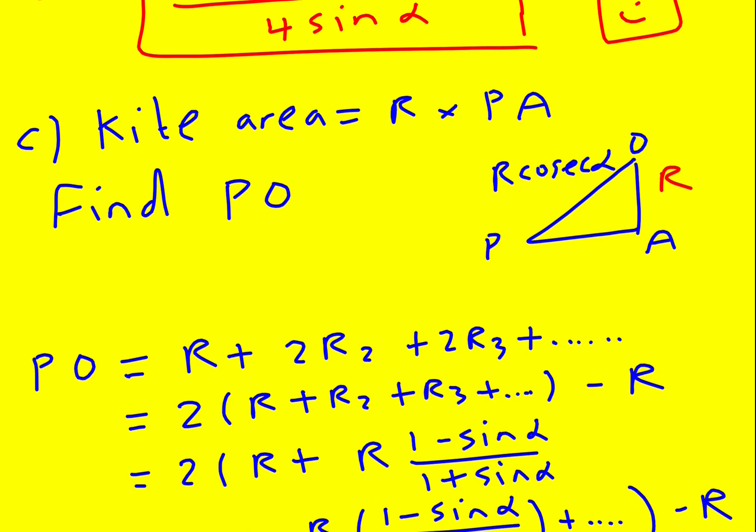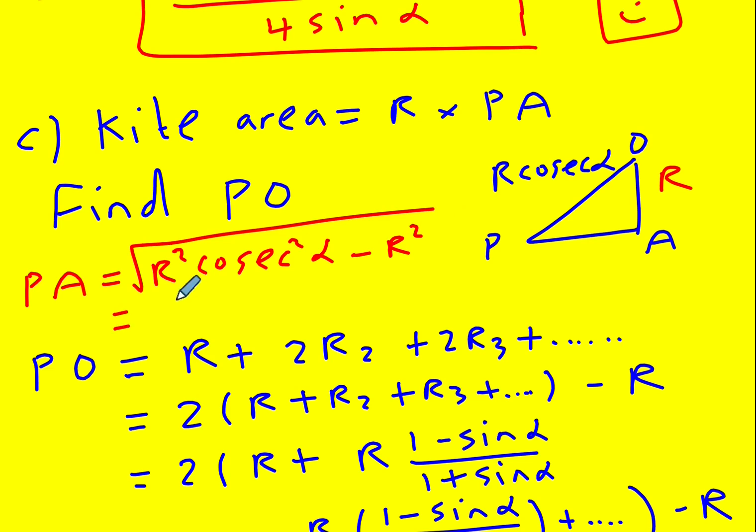So if I want PA, it's going to be R squared cosec squared alpha minus R squared, because I'm finding the shorter side, square rooted.